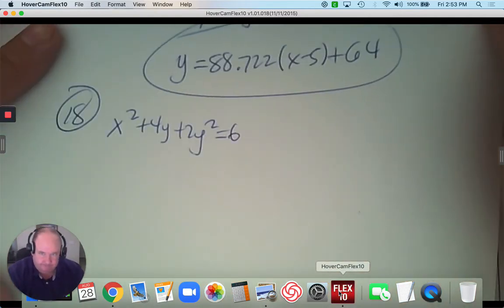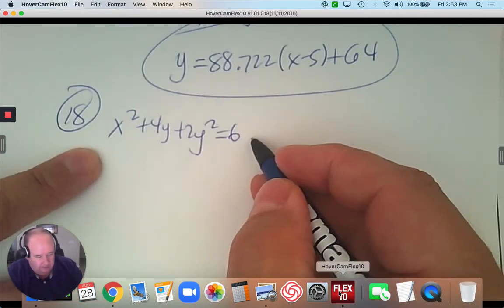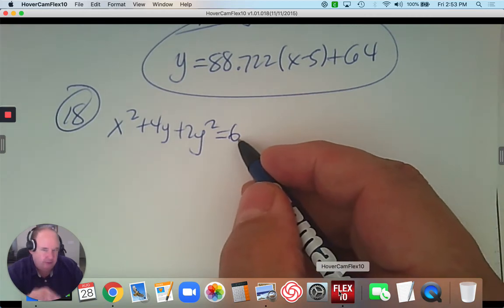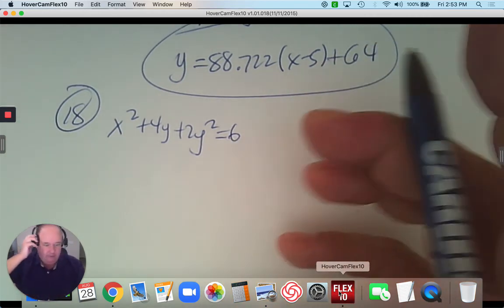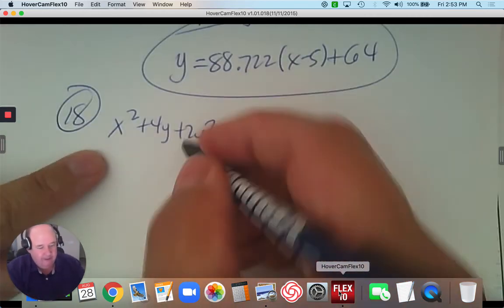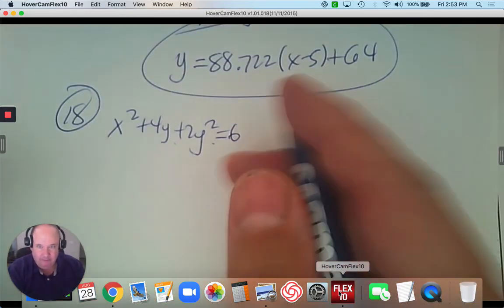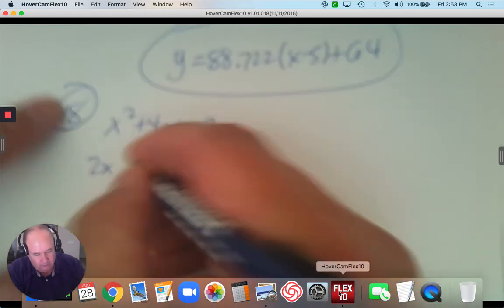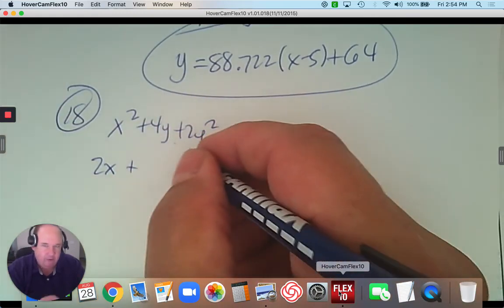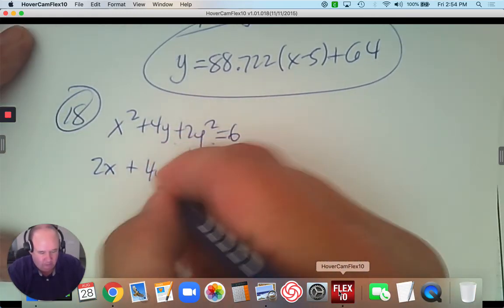Here we go. First of all, when you see the word tangent, it means derivative, so I need to take the derivative. Let's do that first. Because the x's and y's are mixed together, this is an implicit situation. So 2x, whenever I take the derivative with y in it, it needs the hook y prime.